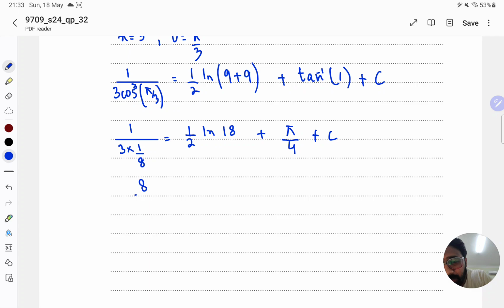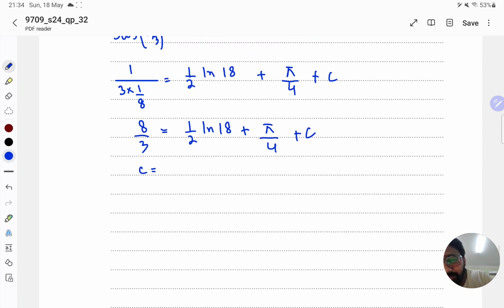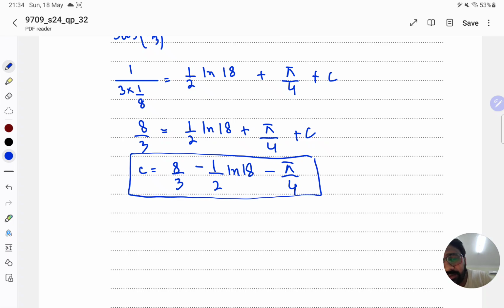This will become 8 over 3, which will be equal to 1 by 2 ln 18 plus pi by 4 plus c, and the value of c will be 8 over 3 minus 1 over 2 ln 18 minus pi by 4. This is the value of c first.